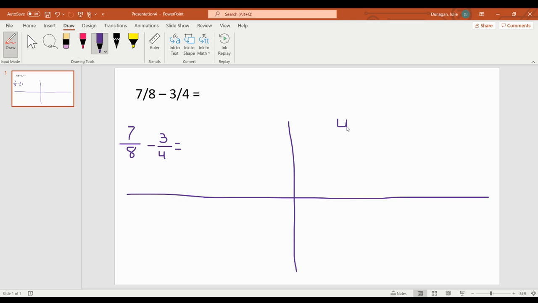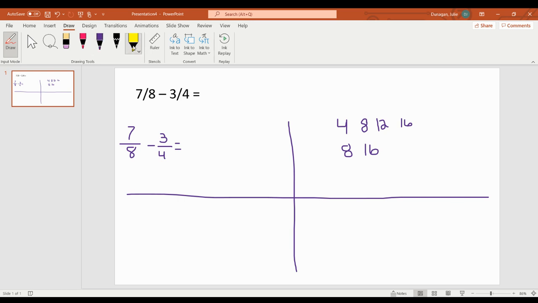So 4, 8, 12, 16. And we are going to do our 8s, 8, 16.